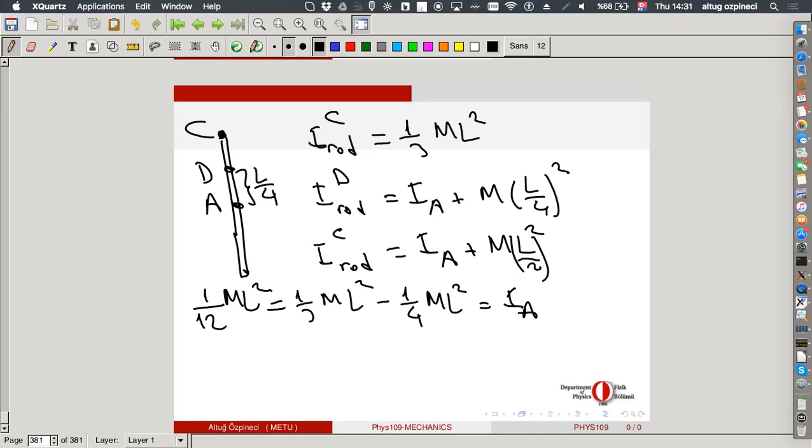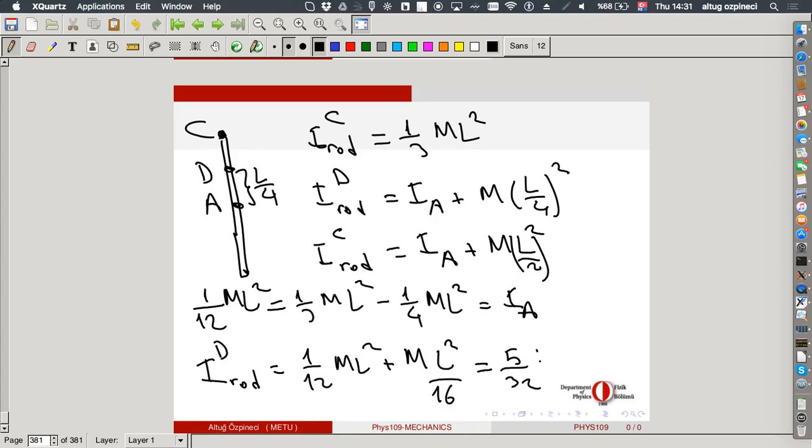Now we have to shift it to D. ID of rod is equal to 1 over 12 ml squared plus ml squared over 16. This is 5 over 32 ml squared. So this is the moment of inertia of this rod for rotations around this point.